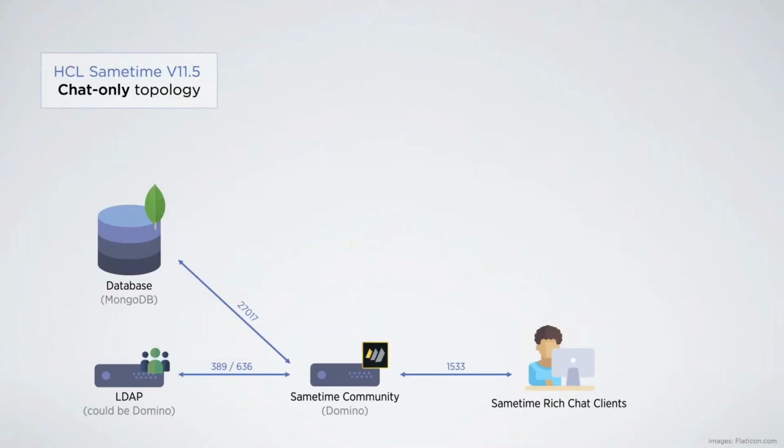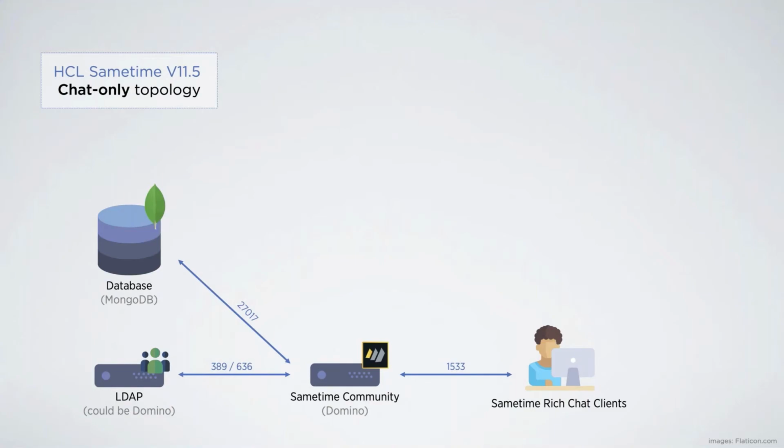This is how you spread the components in your environment, because I said you deploy it yourself. Either you as a customer do it yourself, or you ask your business partner to help you with it. That's up to you. And this is the smallest deployment.